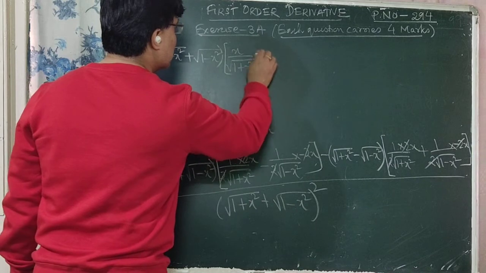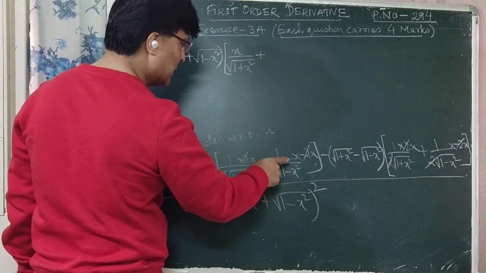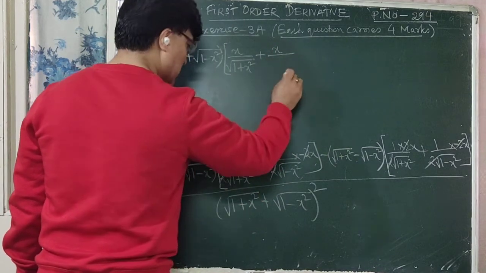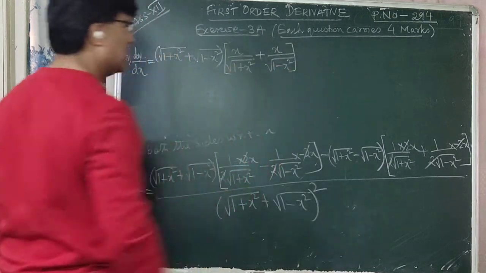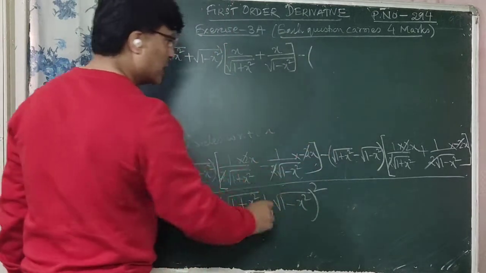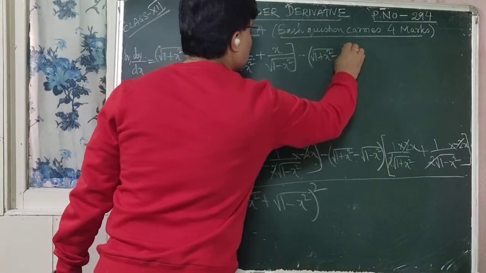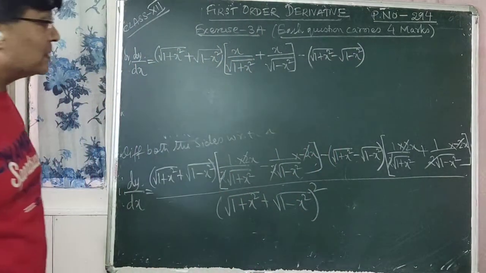Minus into minus plus, minus into minus plus, and then what do we write? x upon root over 1 minus x square, right? Then minus within bracket root over 1 plus x square minus root over 1 minus x square. It is kept as it is.